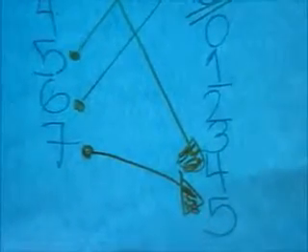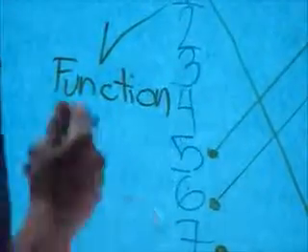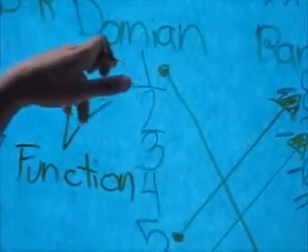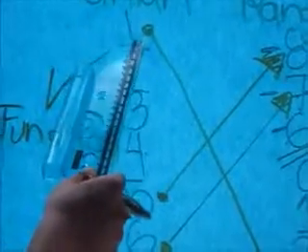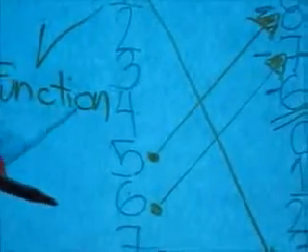So here it is a function, because again the rule says that there must be one range for each domain. So here none of the numbers appears twice. So there are no two arrows that start on the same number. So it is a function.